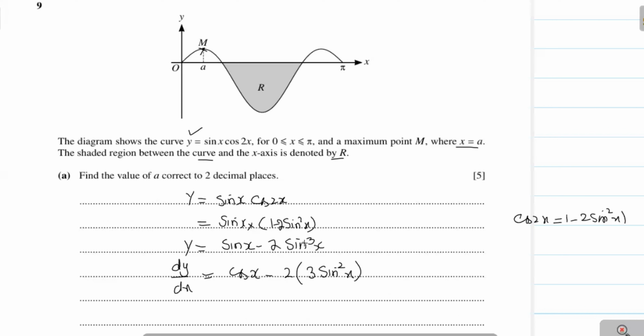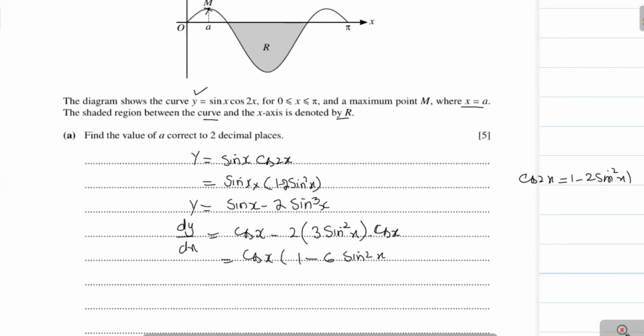Next we take the derivative of the base sin x, which is cos x, and therefore we take cos x as common, and we can write 1 minus 6 sin square x. Now we write dy over dx equal to 0 for the maximum point.